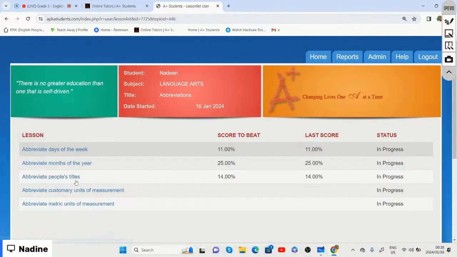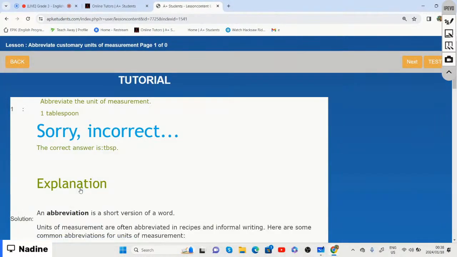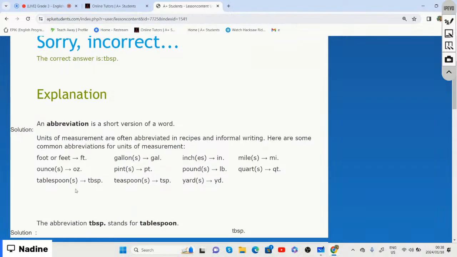All right, so we abbreviate customary units of measurements. We said we use these if we are baking, or just informally.